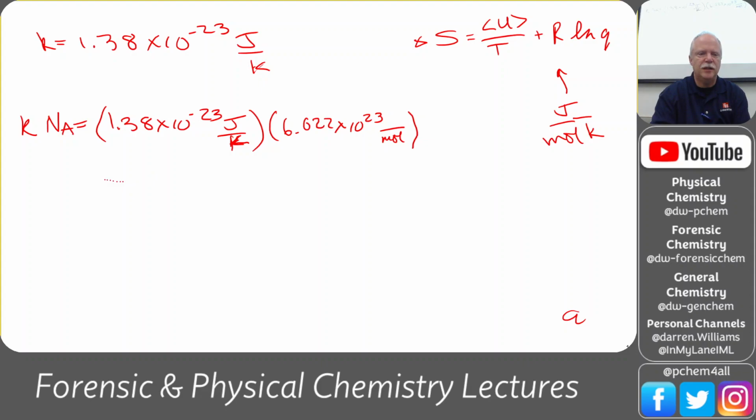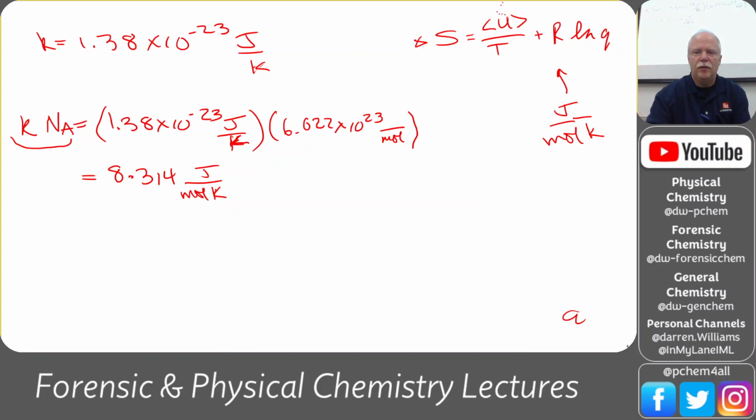So if we multiply these, we get essentially 1.38 times 6.022. It's a little bit bigger than 6. It's in fact 8.314 joules per mole Kelvin. So that's where the ideal gas constant came from. It's actually Boltzmann's constant times Avogadro's number, which is very cool.